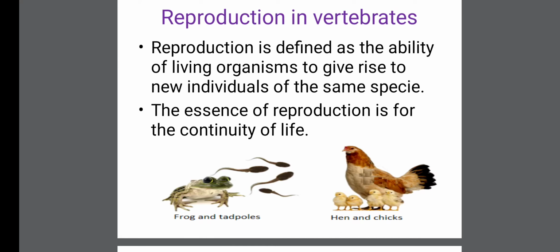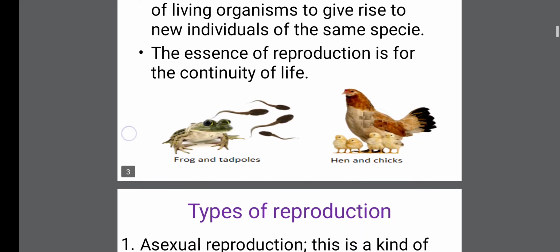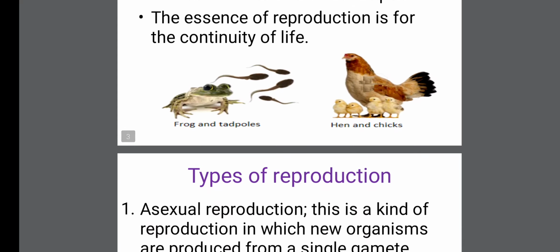It means individual products of reproduction must be organisms of the same species as the parent organism. They must look exactly like the parent. The essence of reproduction is for the continuity of life. That is one beautiful essence of reproduction.